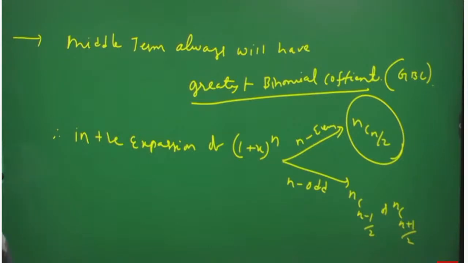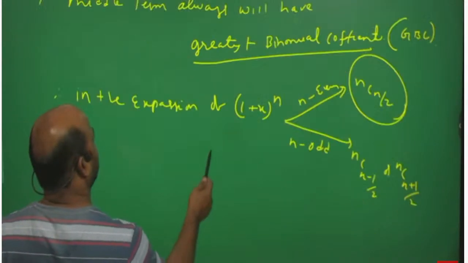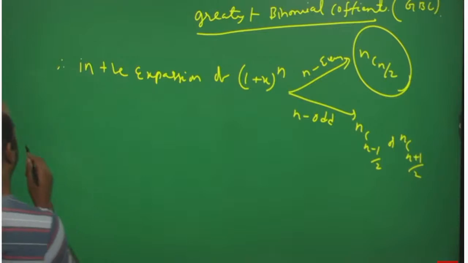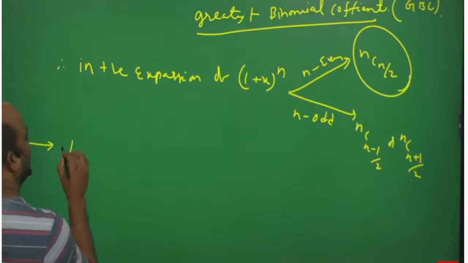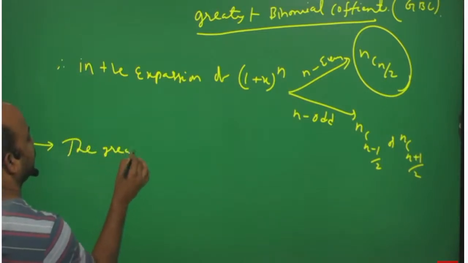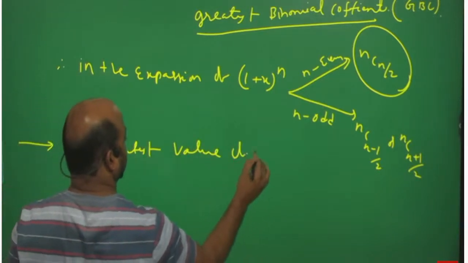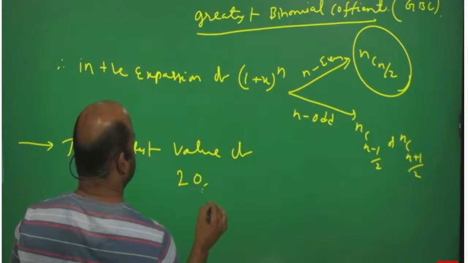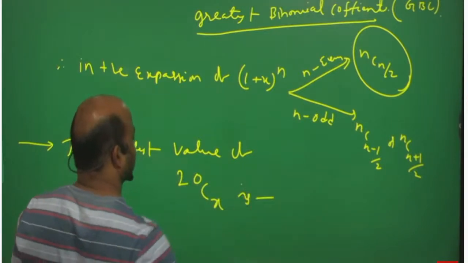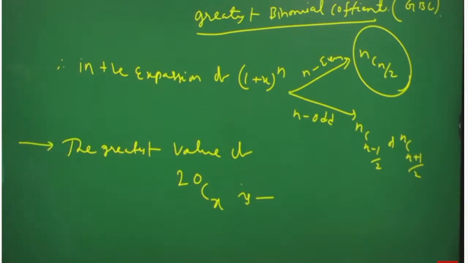Let us suppose one question I just want to give here because you may get some confusion. The greatest value of 20C x is dash.